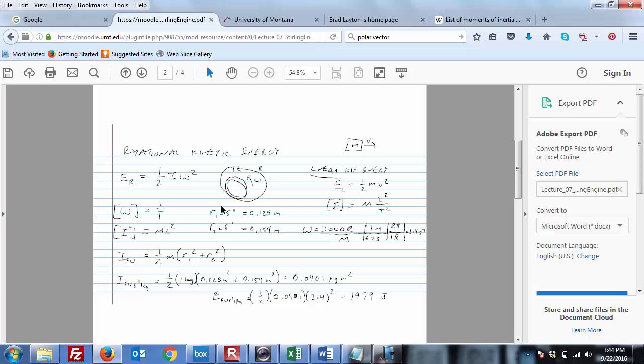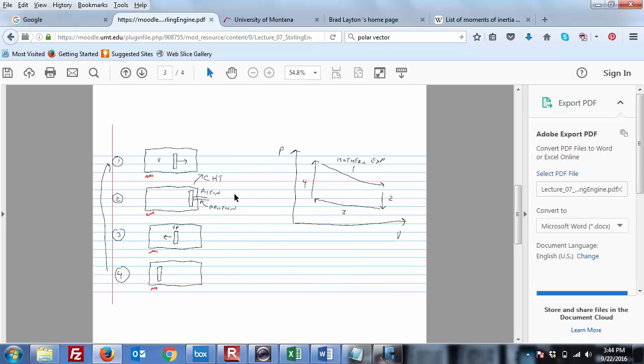We then derived the moment of inertia for a ring or a flywheel, and that has relevance both for the Stirling engine and for the wind turbine. We did a little bit of units conversion and dimensional analysis. I showed you the pressure-volume cycle for a Stirling engine.